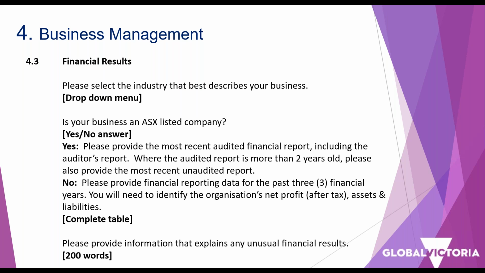Where the audited report is more than 2 years old, you will have to provide the most recent unaudited report. So for ASX businesses, you're not just going to complete a table. You are going to provide your audited financial report, and that includes your auditor's report.